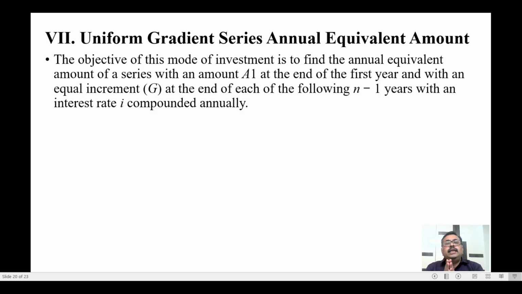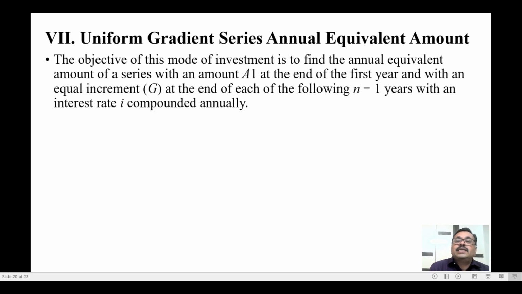So there is either an increasing gradient or a decreasing gradient. Any type is possible here. That is, find the annual equivalent amount of a series with an amount of A1 at the end of the first year and with an equal increment.